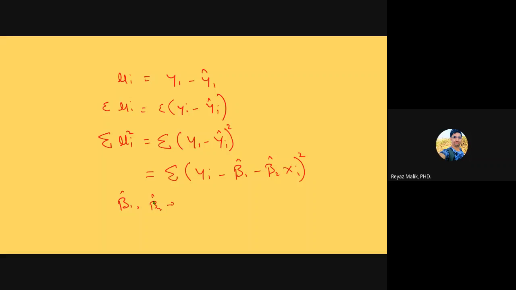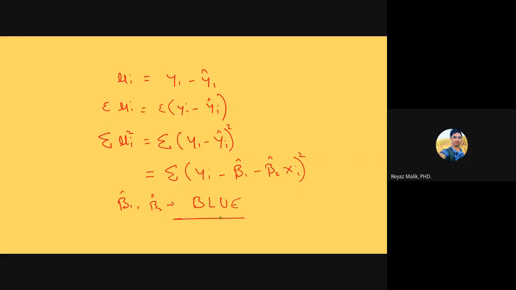They will have the property called best linear unbiased estimators, BLUE. I'll write the abbreviation. These beta 1 and beta 2 will be best linear unbiased. Why? Because of the help of OLS.